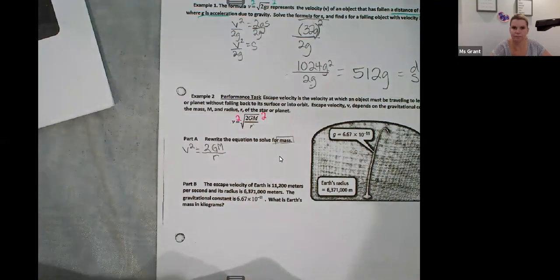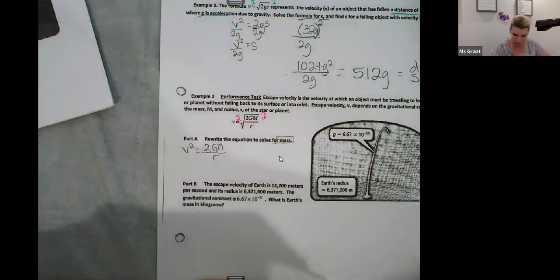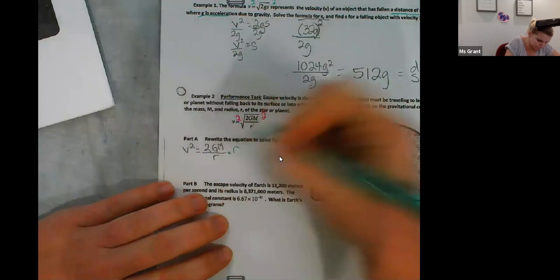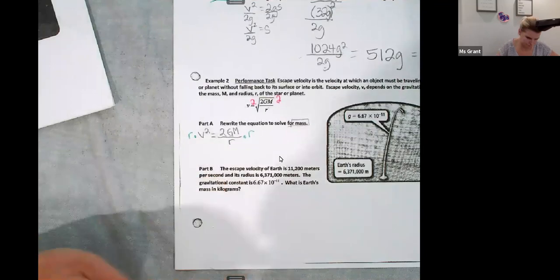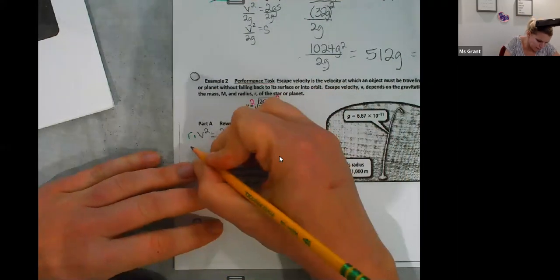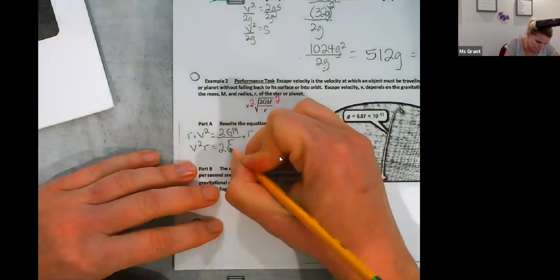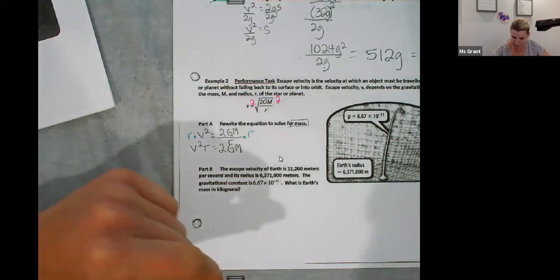Okay. I got to get rid of r, and then I got to get rid of 2g. So v squared r equals 2gm. I'm still trying to solve for mass, so I got to get rid of 2g.